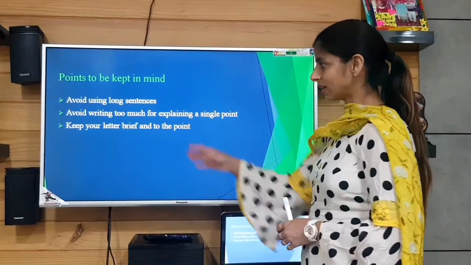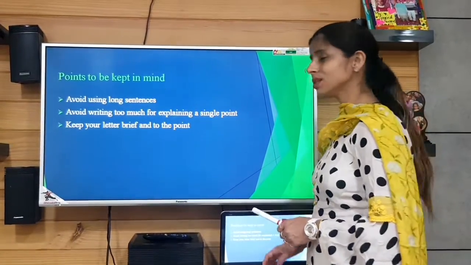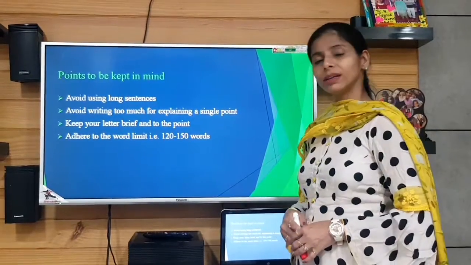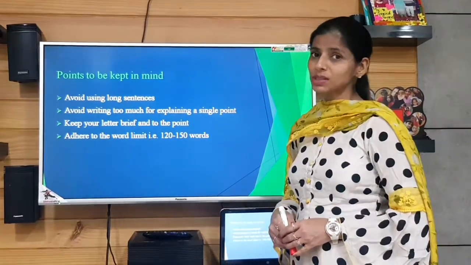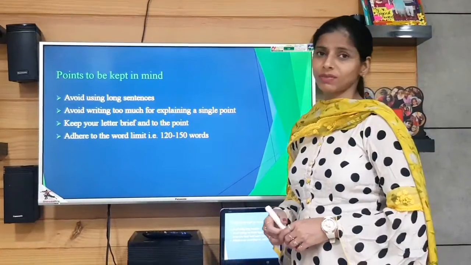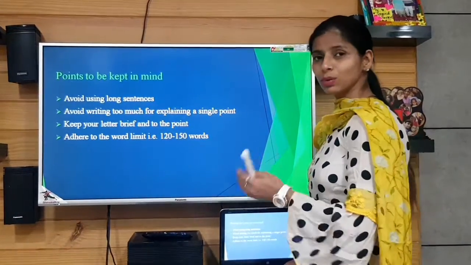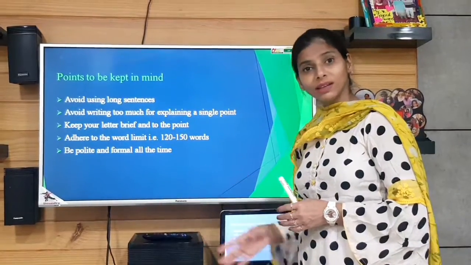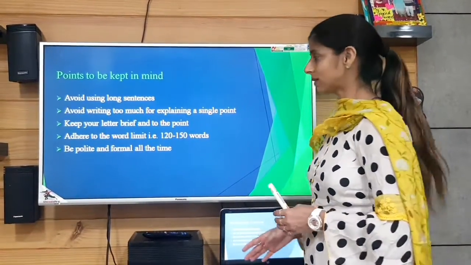Write briefly. Keep your letter brief and to the point. And then next, adhere to the word limit, which is 120 to 150 words, right? If you move beyond that limit, then even your marks would be deducted.